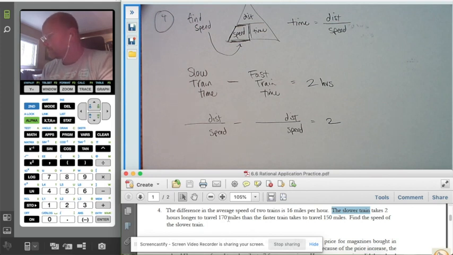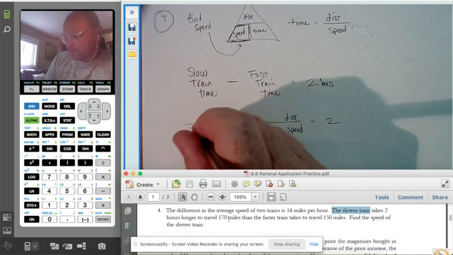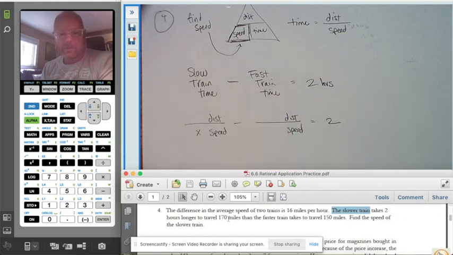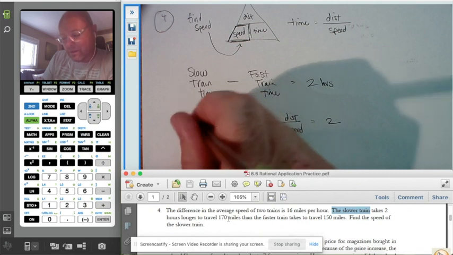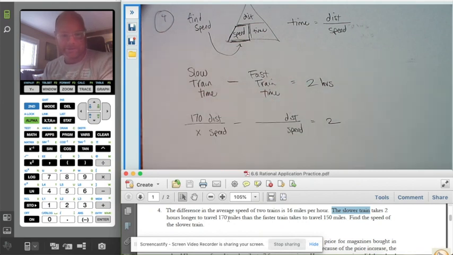All right, so what about our slow train? It says we're trying to find the speed of the slower train. Okay, so I don't know what the speed is, but it says the slow train takes 2 hours longer to travel 170 miles at whatever rate it's traveling. I don't know yet.